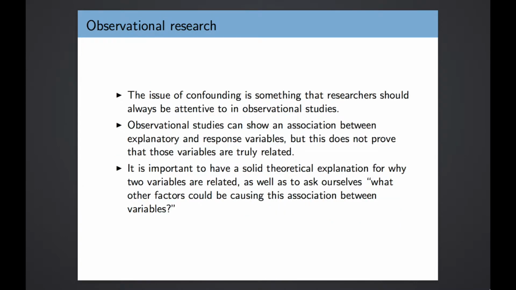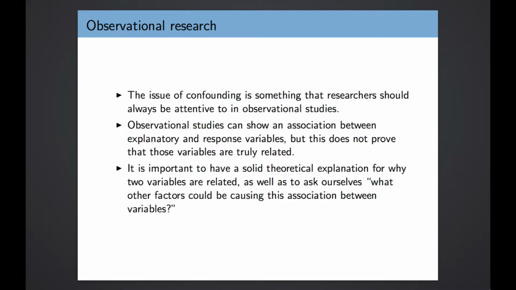The lesson we should take from this is that as researchers, we have to be attentive to the possibility that there could be a confounding variable that leads us to see a relationship between an explanatory variable and a response variable when there isn't any real substantive relationship actually there.